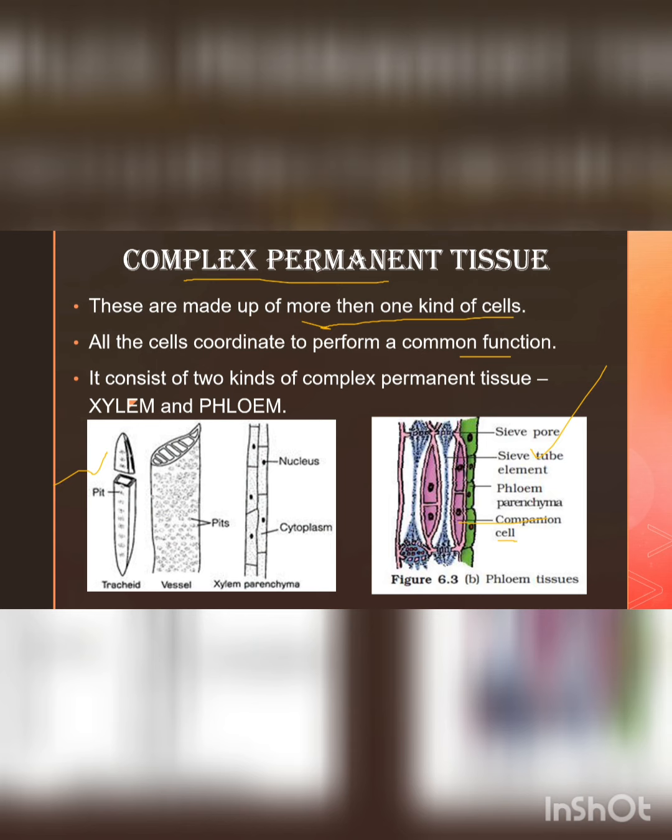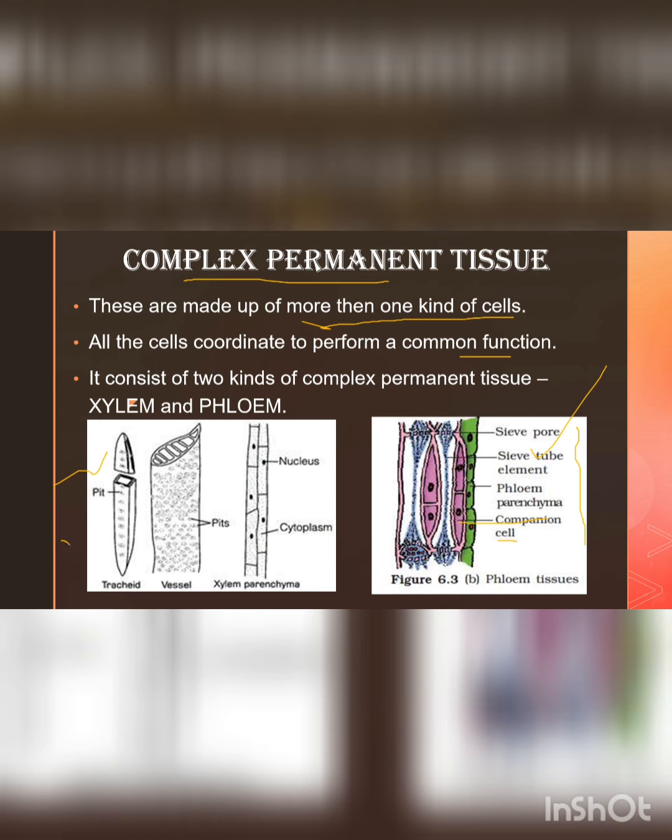The sieve tube elements are present here, and these are the sieve pores. These are the four different parts present in phloem. Always remember that phloem helps in transportation of nutrients and food.